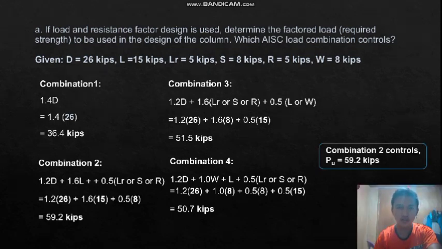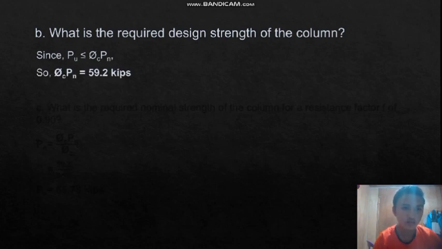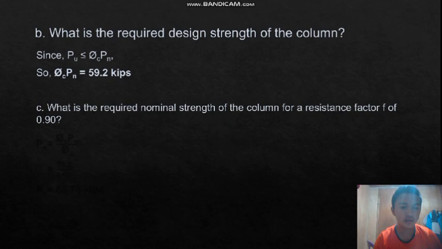Next, for letter B, what is the required design strength of the column? Since Pu, or the required strength, is less than or equal to the design strength, the design strength is equal to 59.2 kips. For letter C, what is the required nominal strength of the column for a resistance factor phi of 0.90?